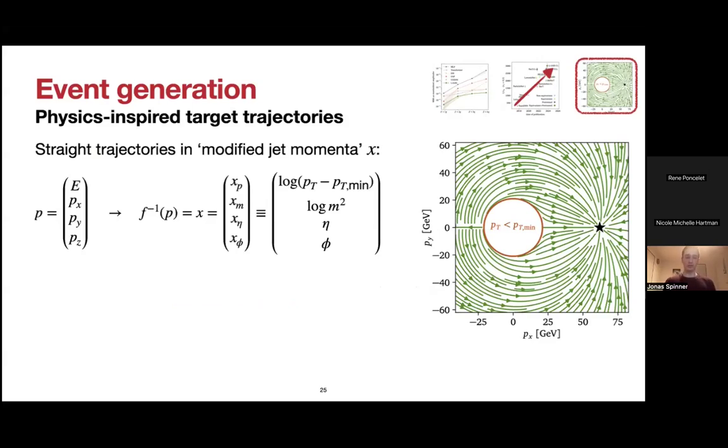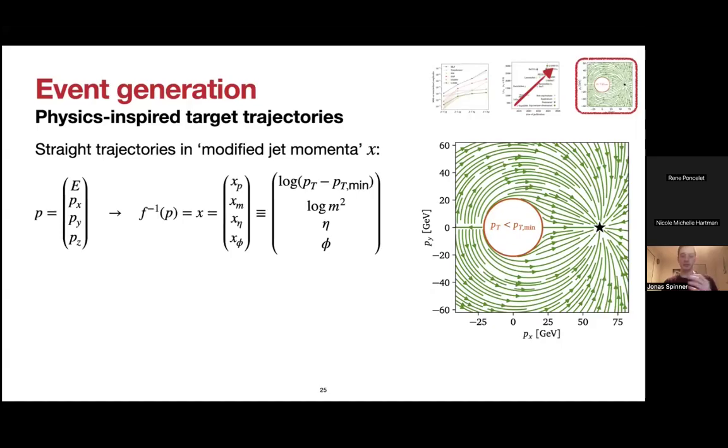What works better is if you use this modified representation, x, which is obtained with this log transformation and phi, eta. So phi is the azimuthal angle, eta is the pseudorapidity, and pt is the transverse momentum.